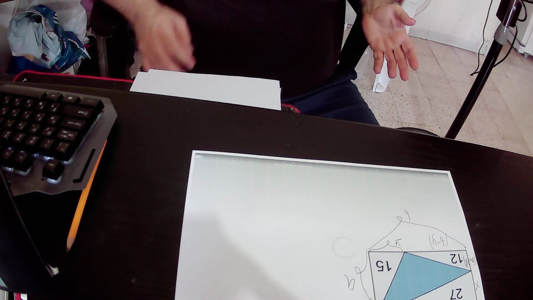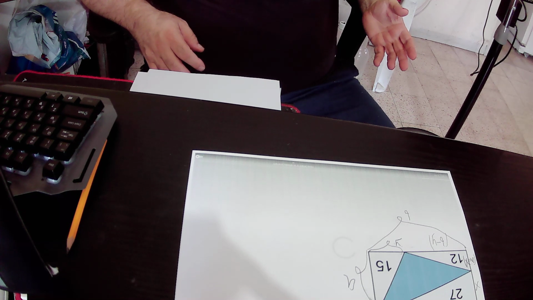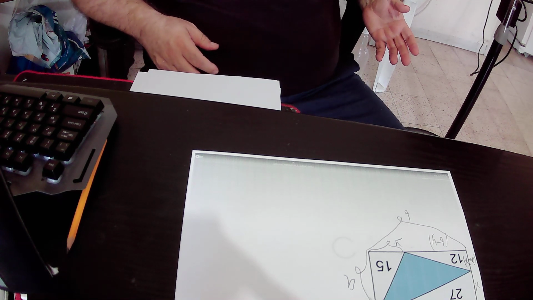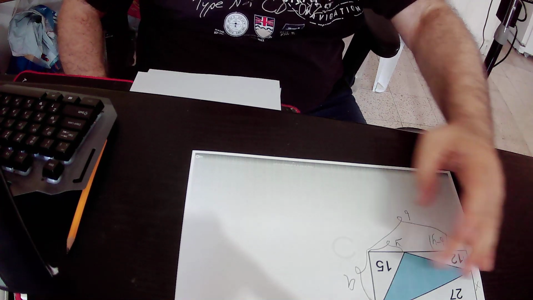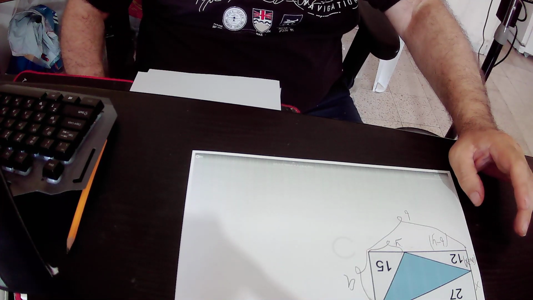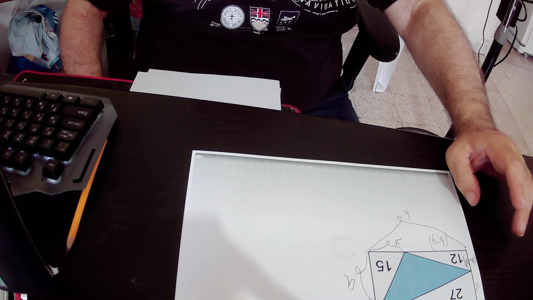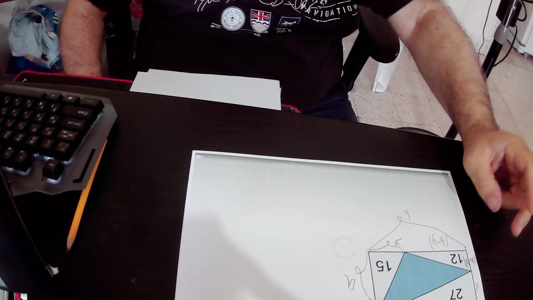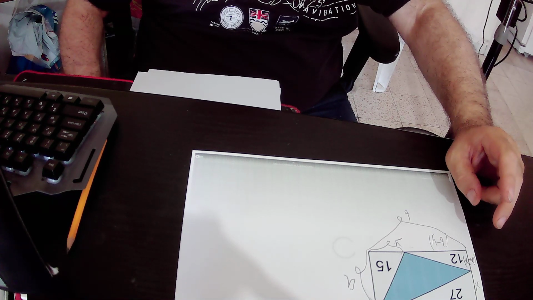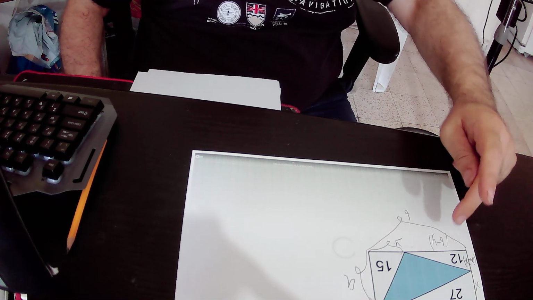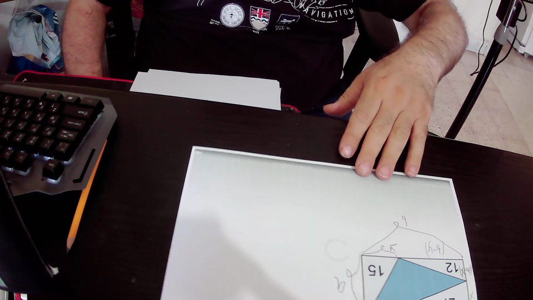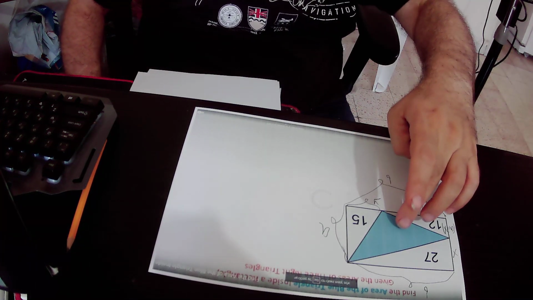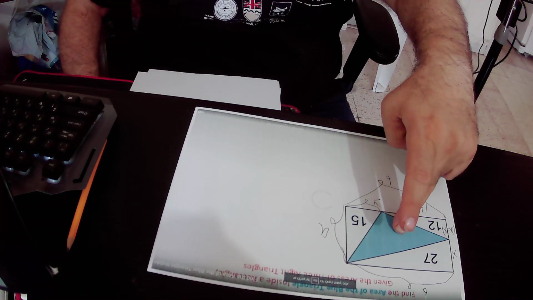So the only thing that we want to know is the area of the rectangle, and then after we know the area of the rectangle, we will subtract from it the sum of the areas of the three triangles, and in this way we will get the area of the blue triangle that we are looking for.